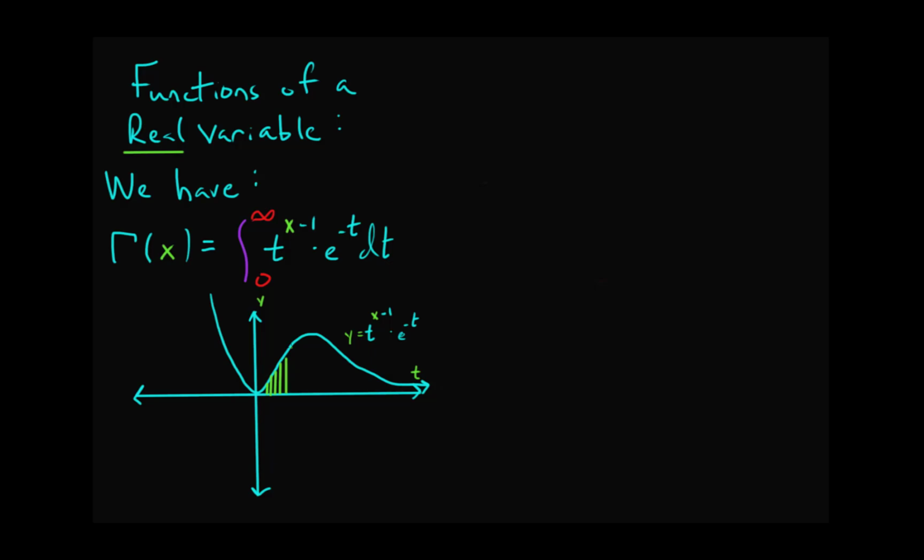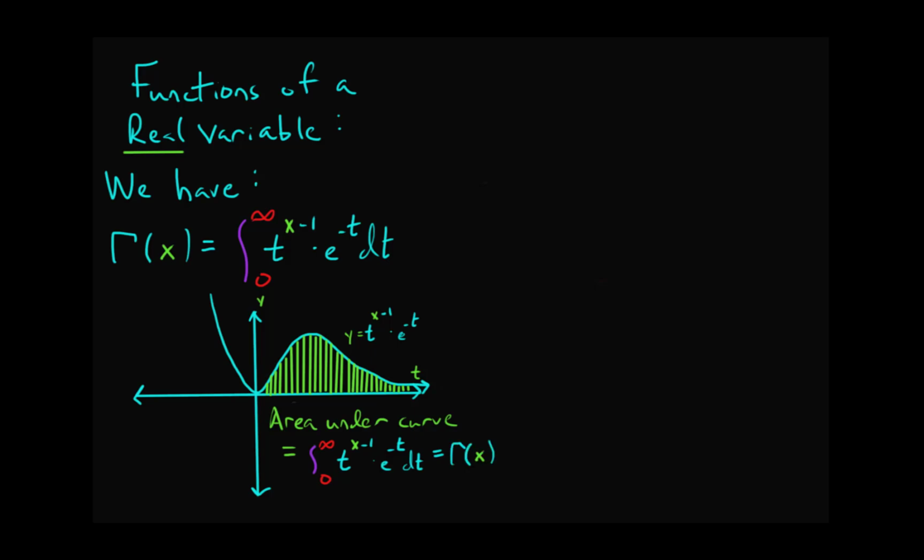And this integral, gamma of x, will just be the area under that curve whose particular shape will be determined by whatever my choice of x is. And of course here x is a positive real number. So gamma of x is just represented as the improper integral from infinity to 0, which is the area under this curve. It equals the integral from infinity to 0 of the function t to the x minus 1 times e to the -t dt.